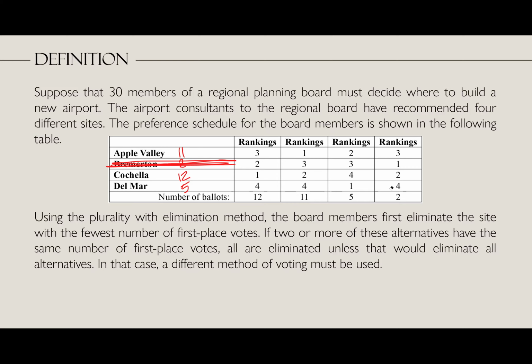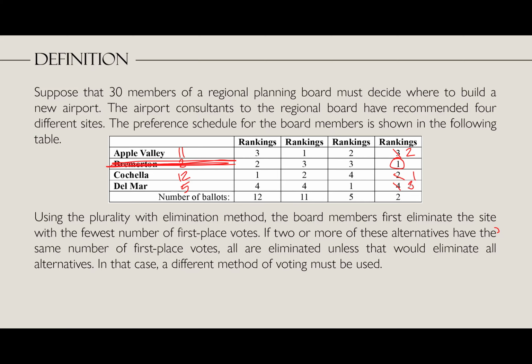For example, if I look at this last column, originally it was first, but now that Bremerton is off the table, Coachella now moves to be a first, Apple Valley moves to be a second, and Del Mar moves to be third. And we do the same thing for each column. So we're moving up as needed. I'll do it also with the first column.